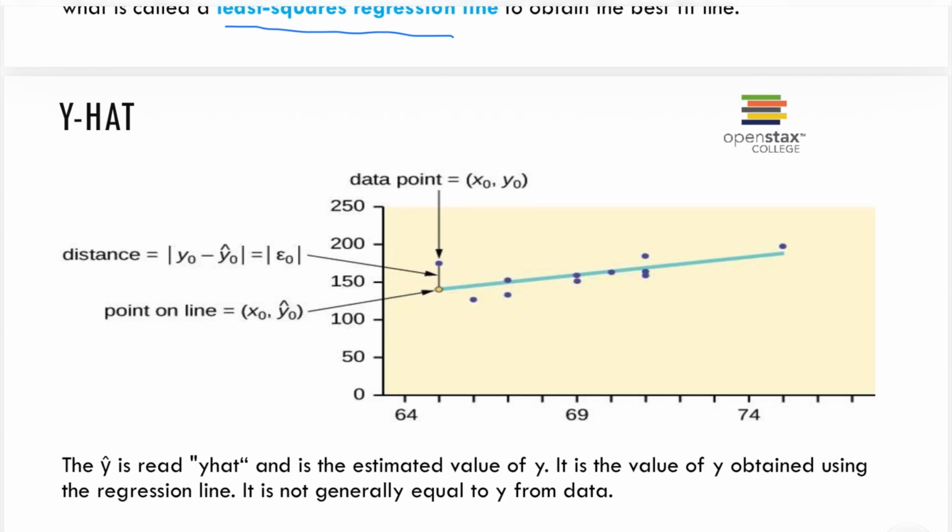Now, y hat is the estimated value of y. It's the estimate, the line. So it's the estimated line. We might have a point here, y, 0, but y hat is our estimate. And again, we have our y points, and we have our x's.